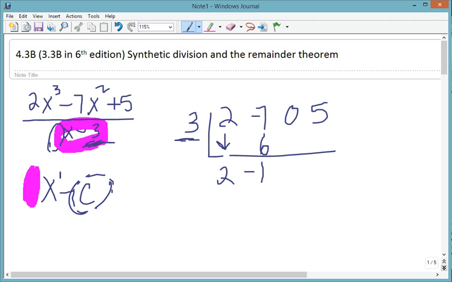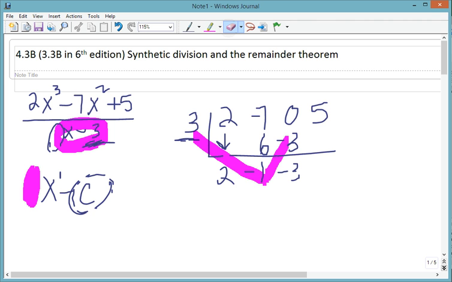Now we're going to multiply. We always multiply the 3 by whatever number that is, and then we put the answer right up here. So 3 times negative 1 is negative 3, and then I add. 0 plus negative 3 is negative 3.